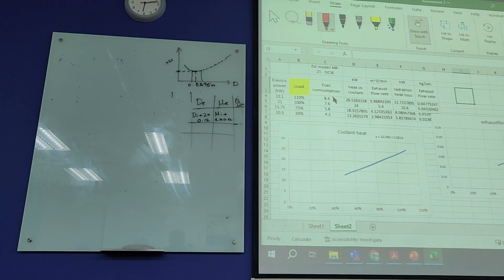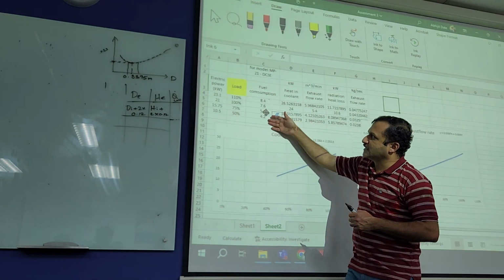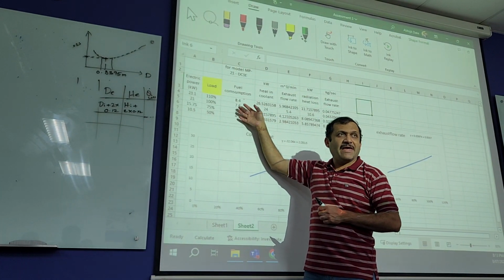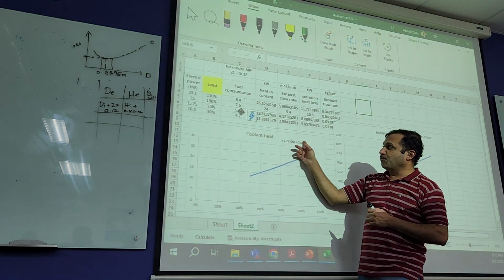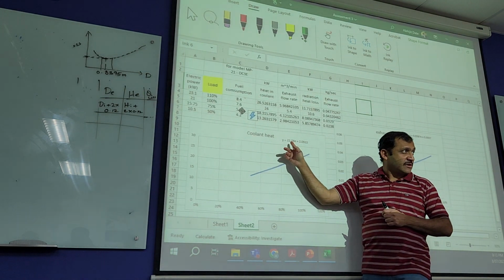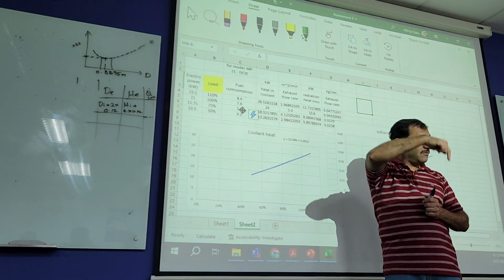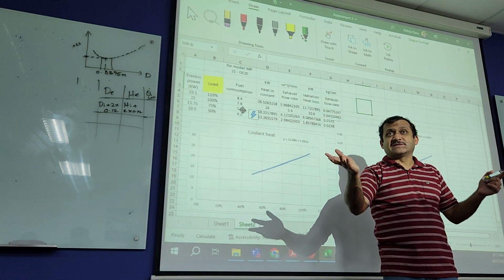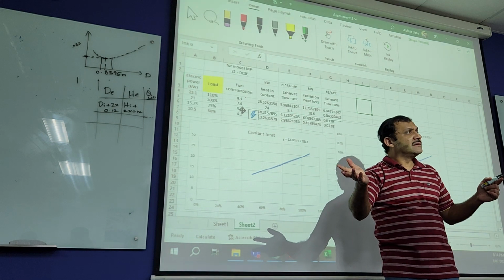You have to make a similar graph for fuel consumption and load, and then use the equation from the graph to find fuel consumption for every hour. Is that clear? Is it easy to do that?